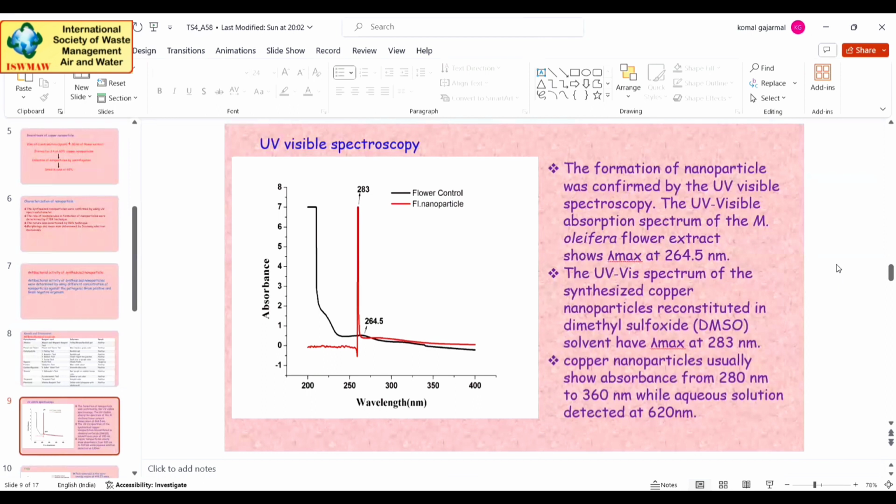From this observation, it is concluded that there is a formation of nanoparticles, as copper nanoparticles usually show absorbance from 280 nanometer to 360 nanometer, while the aqueous solution shows the lambda max at 620 nanometer.